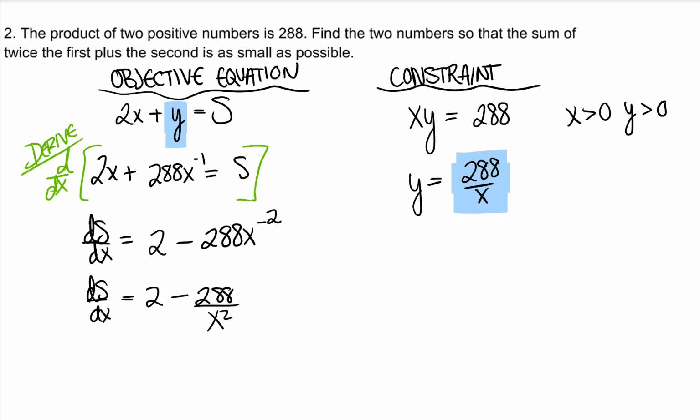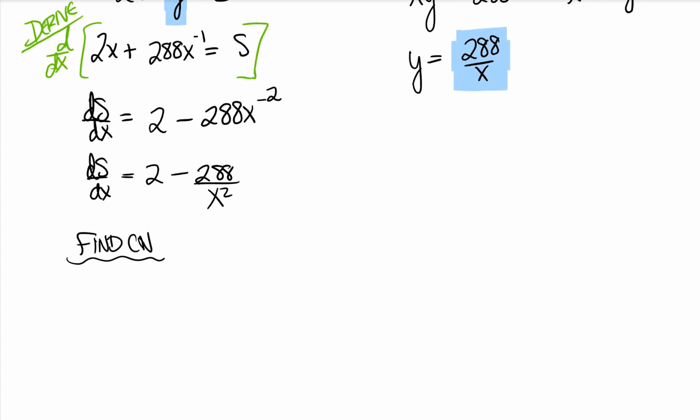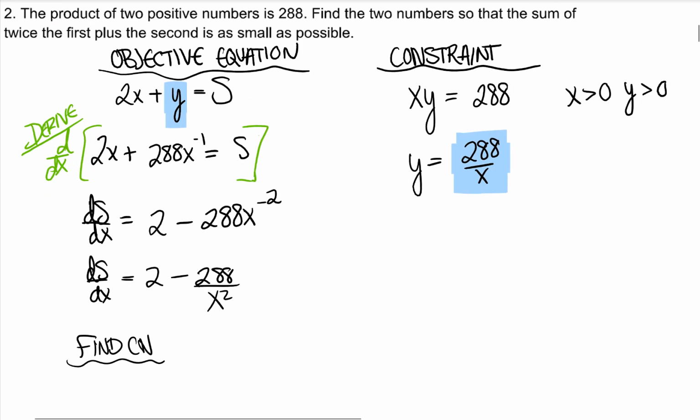The domain of this function is anything but 0, and our numbers have to be positive. So we already knew that x and y had to both be greater than 0, so don't have to worry about that. So even though 0 is one of our critical numbers where the derivative is undefined, it's not actually one of our possibilities for this problem.